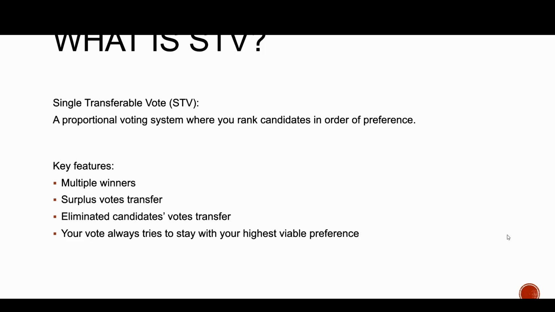Essentially, it means that your vote will always try to stay with your highest viable preference. So you're not losing out essentially, just because your choice has been already elected or has been removed from the election.